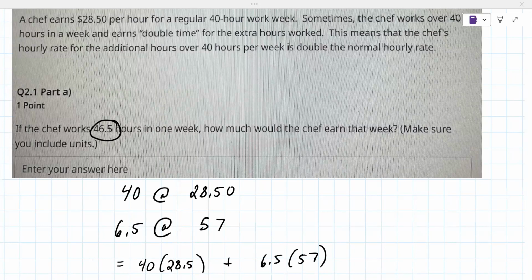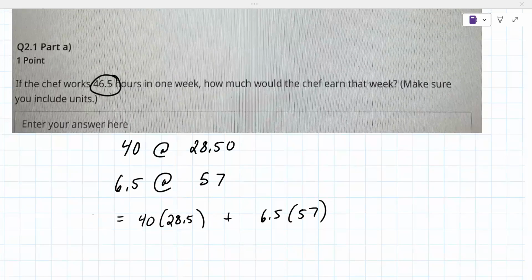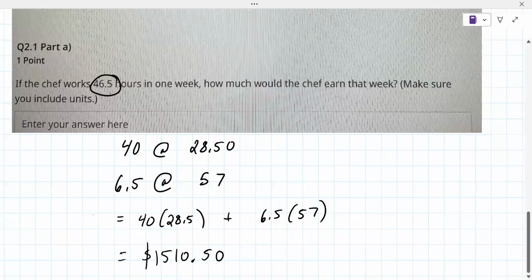All right, so go ahead and calculate that for us and let me know what you come up with. $1,510.50. Yeah.